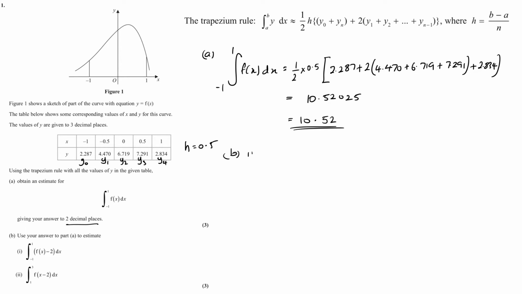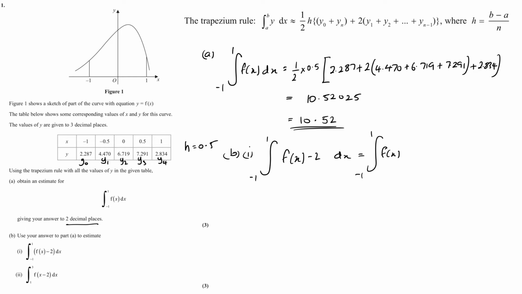Now part B, part 1, we want to integrate between 1 and minus 1 f of x minus 2. So this I can split up into 2 integrals.